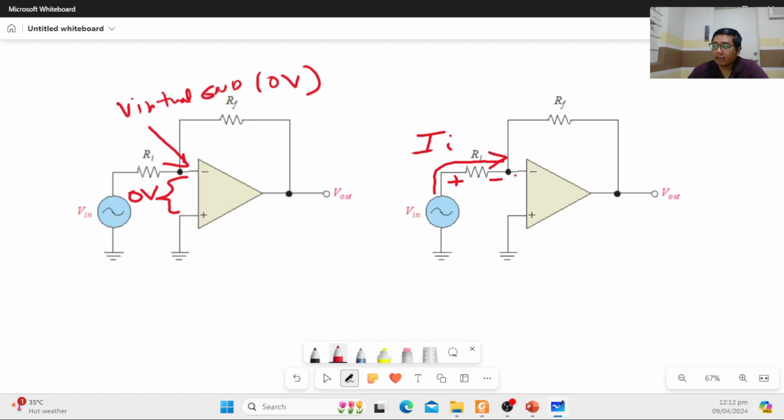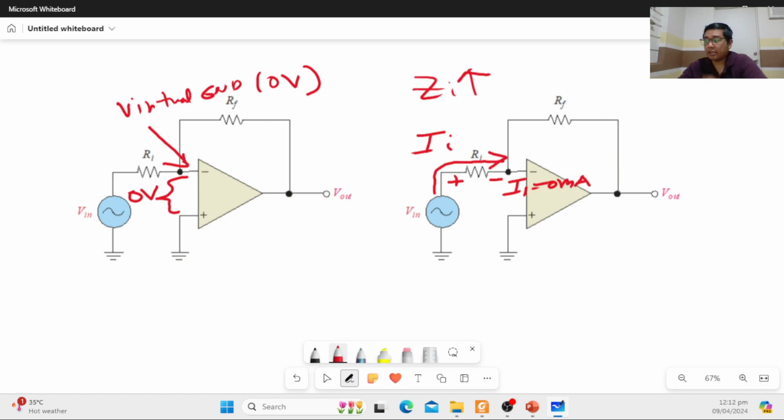And then we know that the ideal input impedance of an operational amplifier is very high. So mataas na mataas yung input impedance natin. If the input impedance is very high, of course, yung kuryente papasok sa kanya ay sobrang baba na lang. So let's call this I1. So that is equal to 0 milliampere.